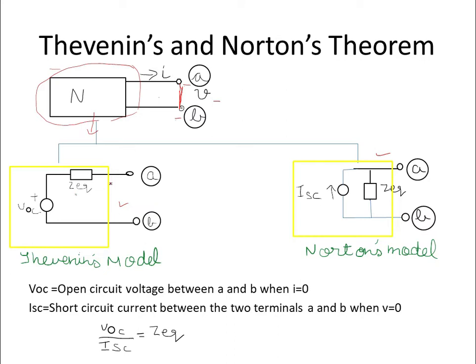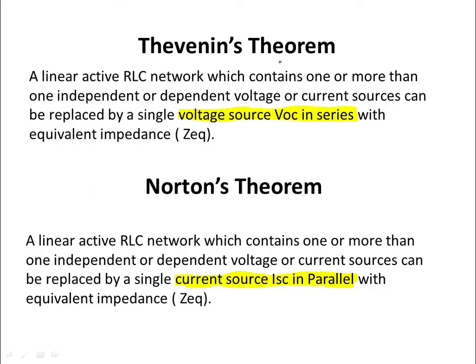And the equivalent impedance is the impedance seen from terminals A and B. You can also find the equivalent impedance by dividing VOC by ISC. Both theorems are the same. In fact, they are just duals of each other.